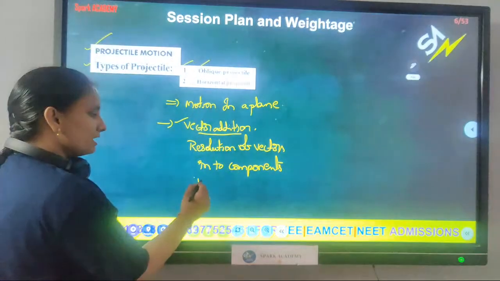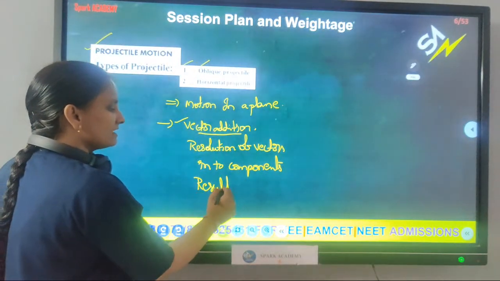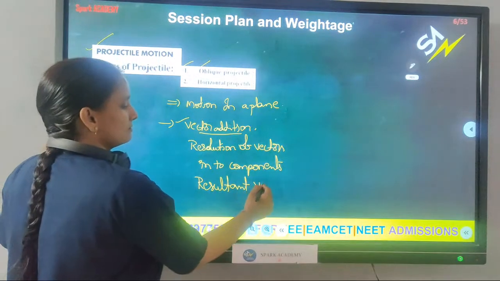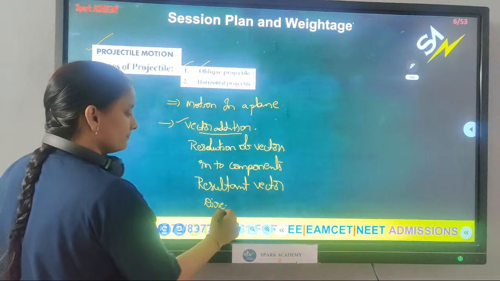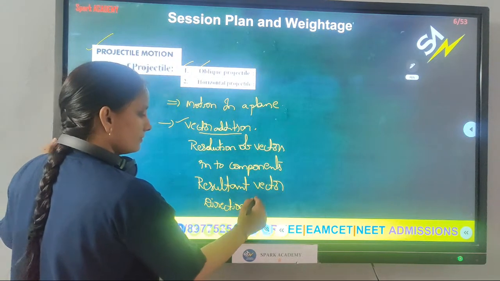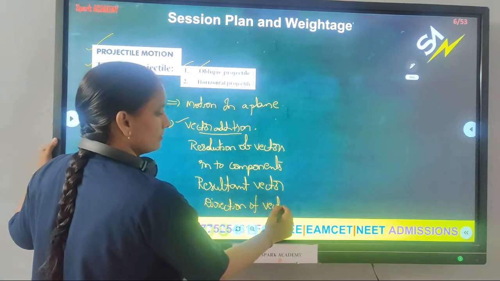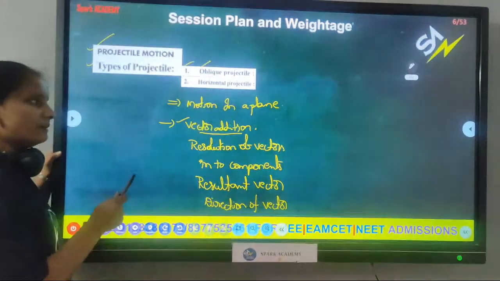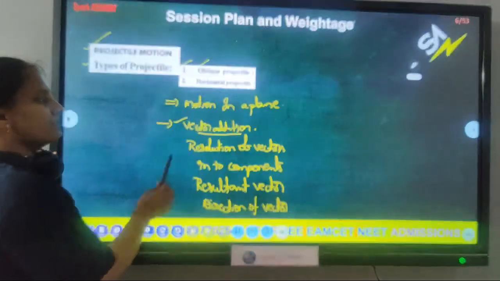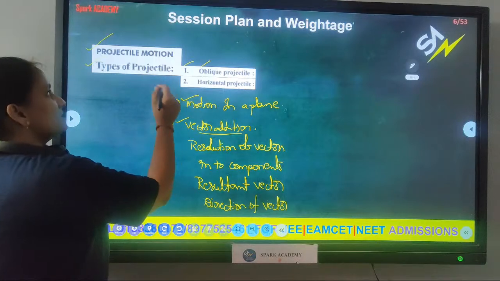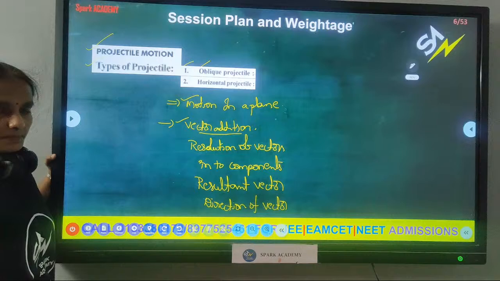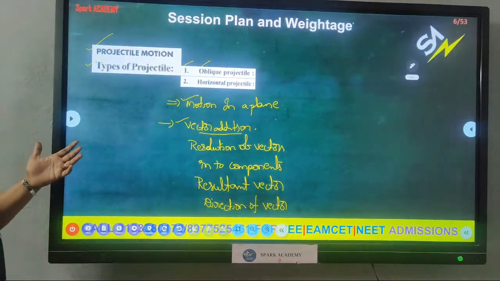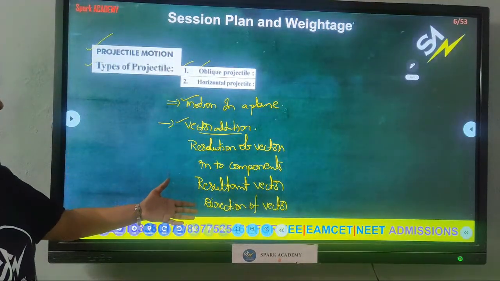Mainly, you need to check how to find the resultant vector and the direction of the vector. With the help of these techniques, in the motion in a plane chapter, especially projectile motion, we can solve the questions. The numericals will be easily solved by using these techniques from vectors.